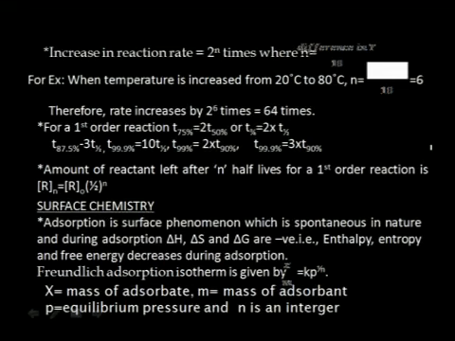In question number 6, you have been given the variation of initial rate of formation of the product with the different concentrations of P and Q in the reaction. They have given you the concentrations of P and Q in experiments 1 to 4, and you have been asked to find out the rate law equation for the reaction.